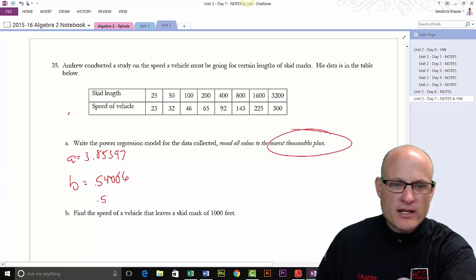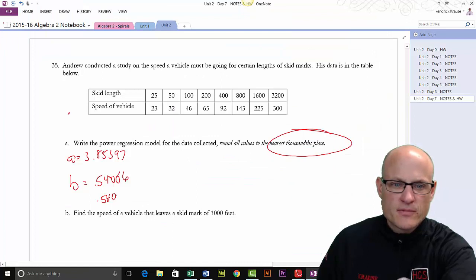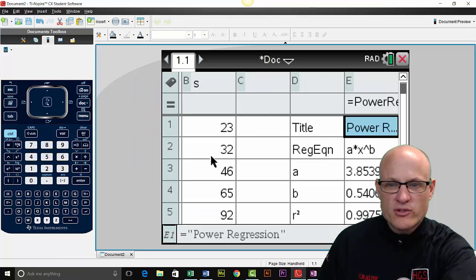So this is 0.54. Make sure I got this right. 0.54066. So y equals a times x to the b, which is what they told us is the equation.